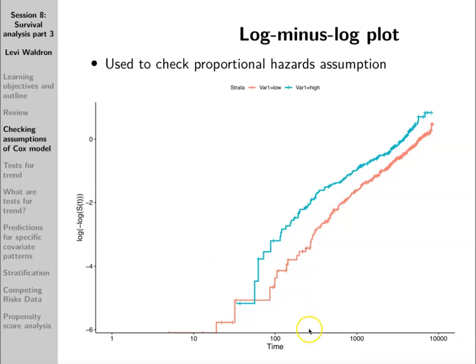There's some funniness down here at low time where there have been few events, but there's a lot of randomness involved here. For all of the places where we have more events and more censoring occurring, they're more or less parallel. So keep in mind this is an idealized example where the data are simulated so that we know that the proportional hazards assumption holds.